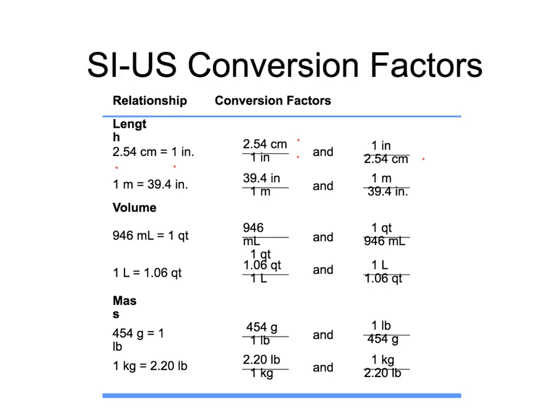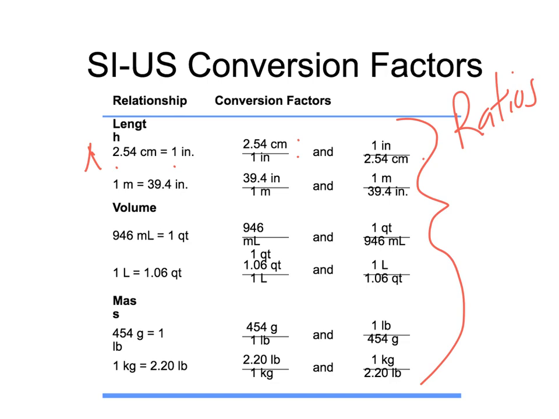So if 2.54 centimeters is equal to 1 inch, then we can take that equivalency statement and turn it into a ratio, and we can put 2.54 centimeters in the numerator over 1 inch, or we can put 1 inch over 2.54 centimeters, and these are all ratios that actually have a value of 1.